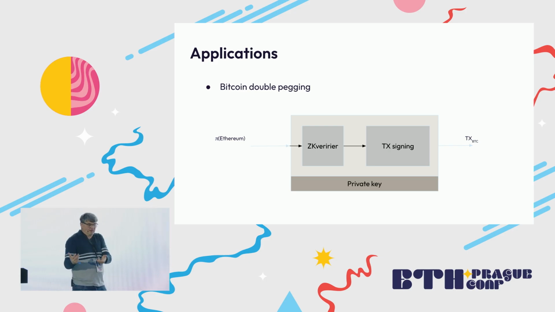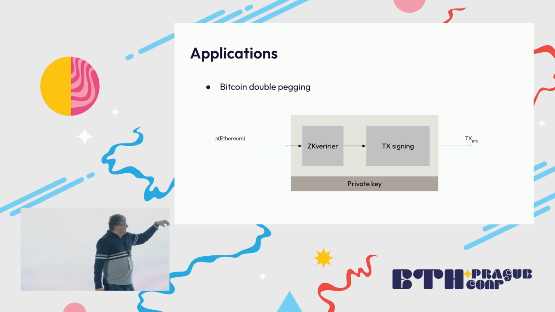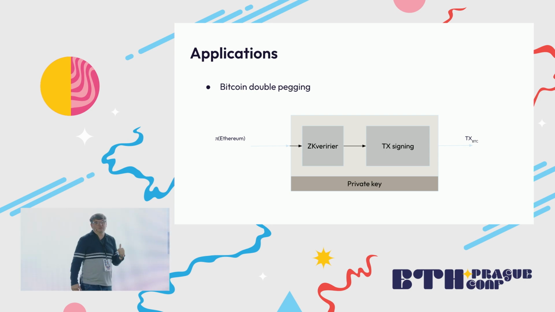But then when you are sending back, how do you recover the funds, because nobody knows this private key? Well, in this case, if you prove that in Ethereum you have burned the tokens, then this box will sign a transaction that sends the funds back to you. So with this, you can have a decentralized bridge with Bitcoin without having to fork anything about Bitcoin.